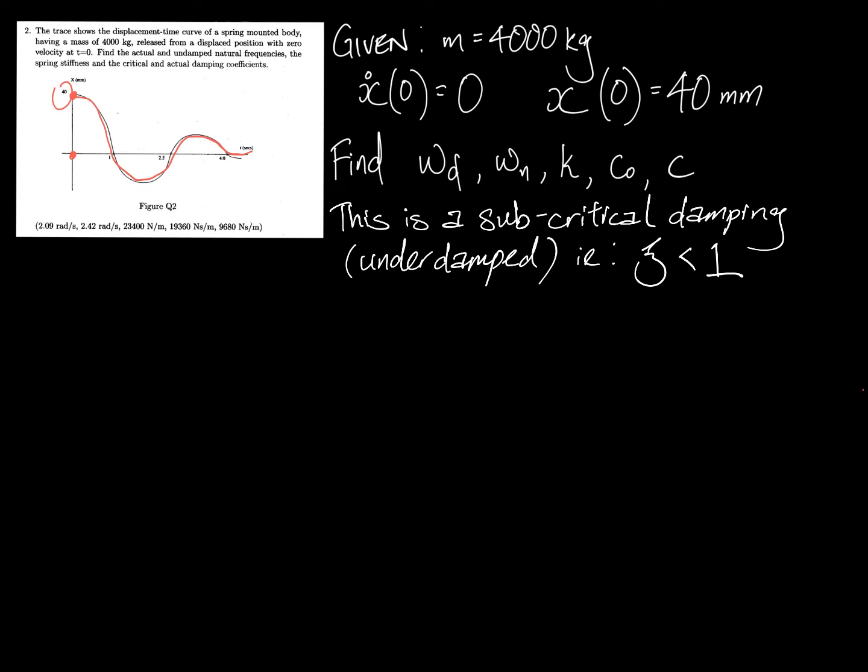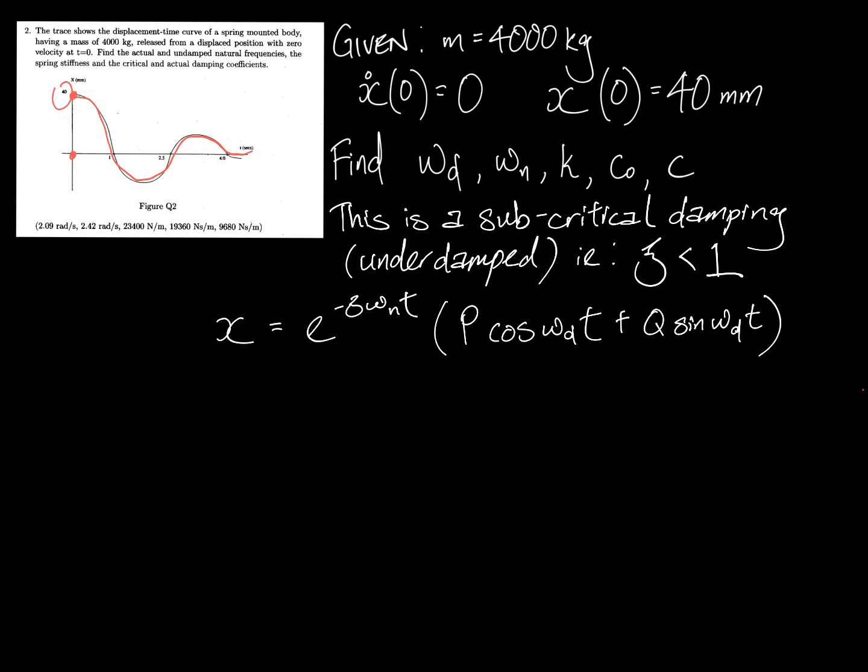So for an underdamped system, we have a general equation where the amplitude x will be equals to e to the power of minus zeta omega n t, P cosine omega d t plus Q sine omega d t, right?